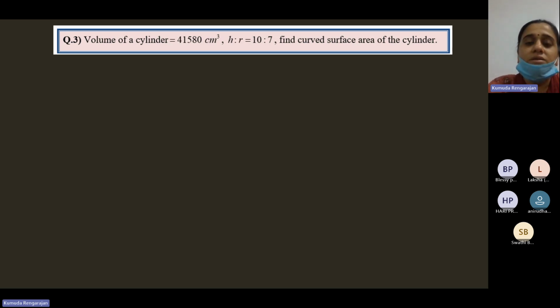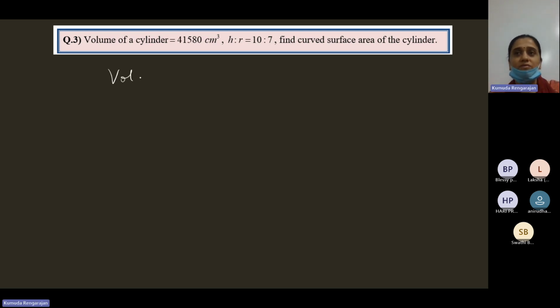Okay, if you're wrong, then pi r square, what is r square? Have you taken 49x square or 7x square? 7x square. That's where you're wrong.